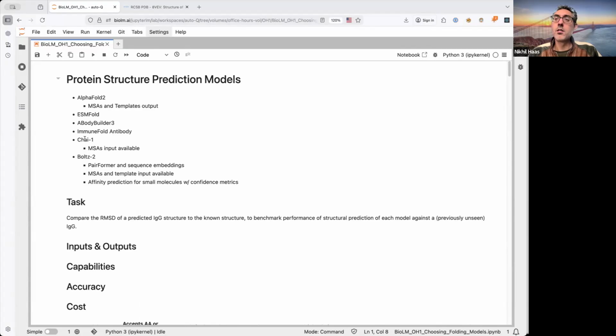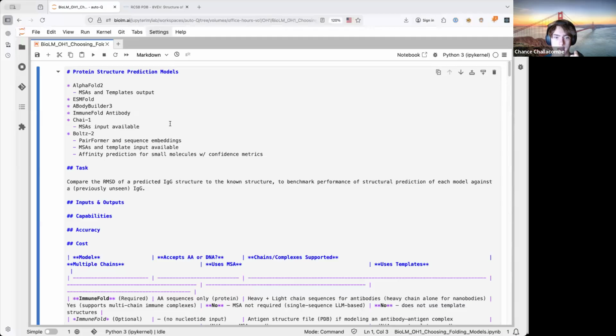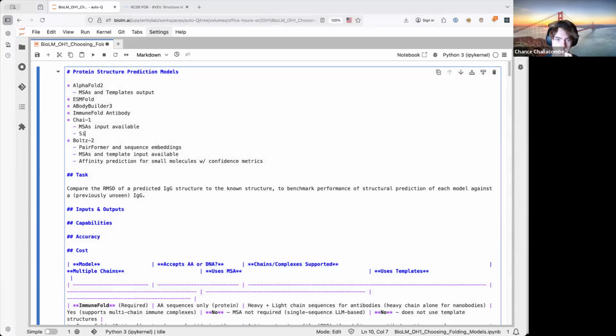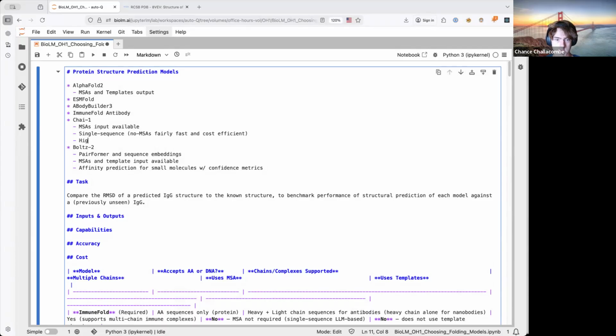Or is it? Yeah, it kind of goes to the inputs too. Running Chai and Boltz in single sequence mode can be pretty fast and not very expensive. But the minute you start adding MSAs and templates, or you have higher recycles, the cost increases. So that's another thing to consider, especially for antibodies. Oftentimes they recommend a higher number of recycles for AlphaFold and some of these larger models.